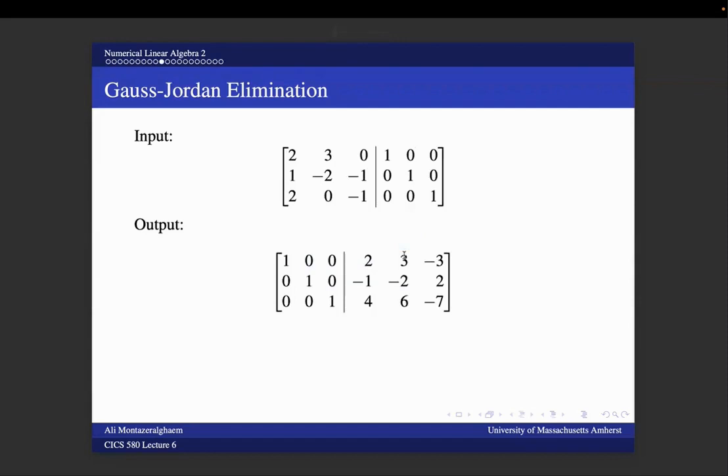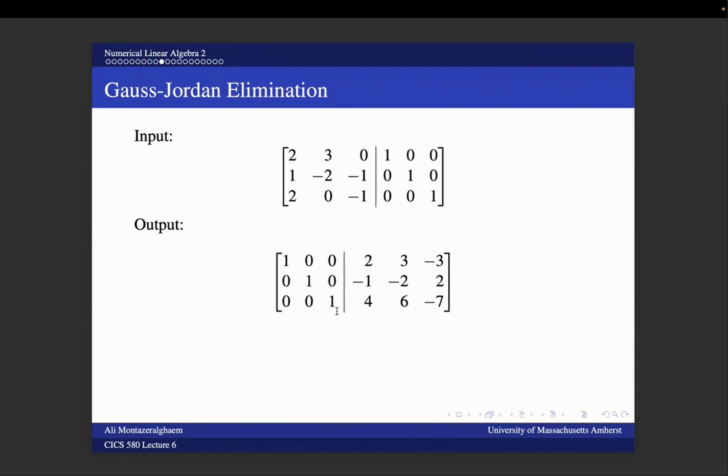If we have a matrix with 3 rows and 3 columns, it is also the same: the input is the concatenation of the original matrix and the identity matrix, and the output is the identity matrix on the left side and then the inverse of the matrix on the right side.